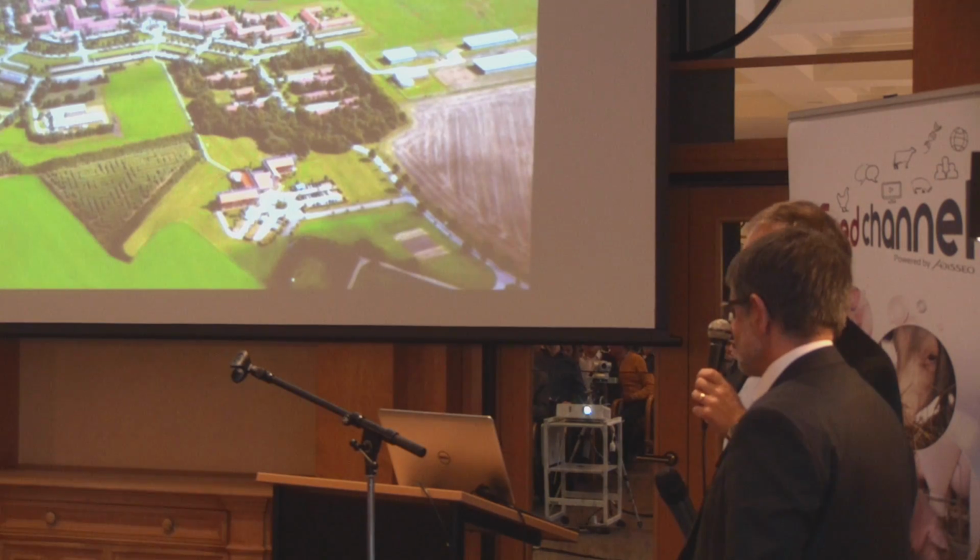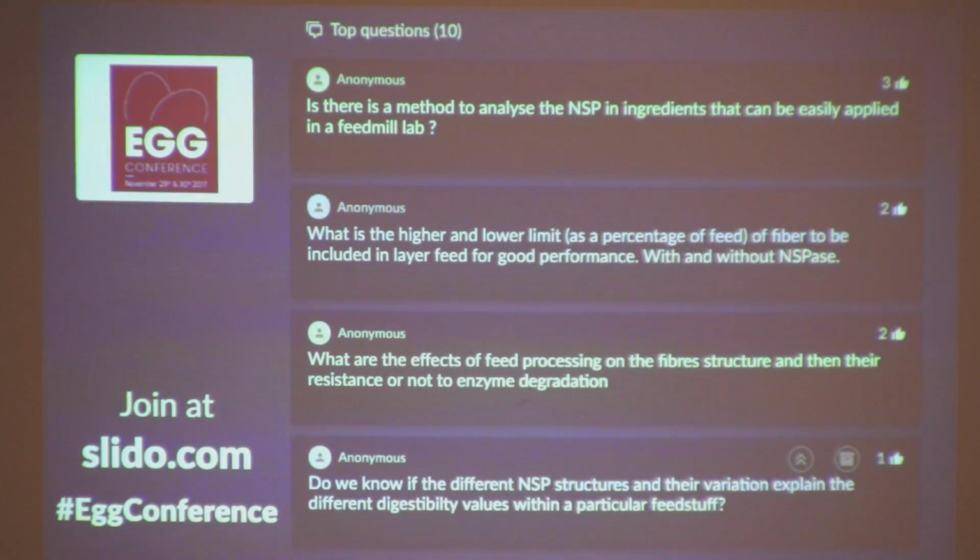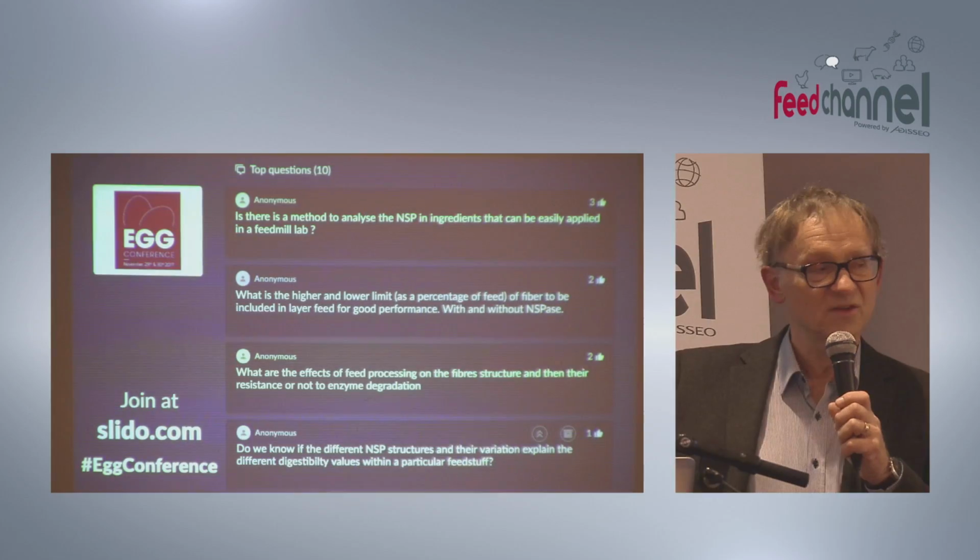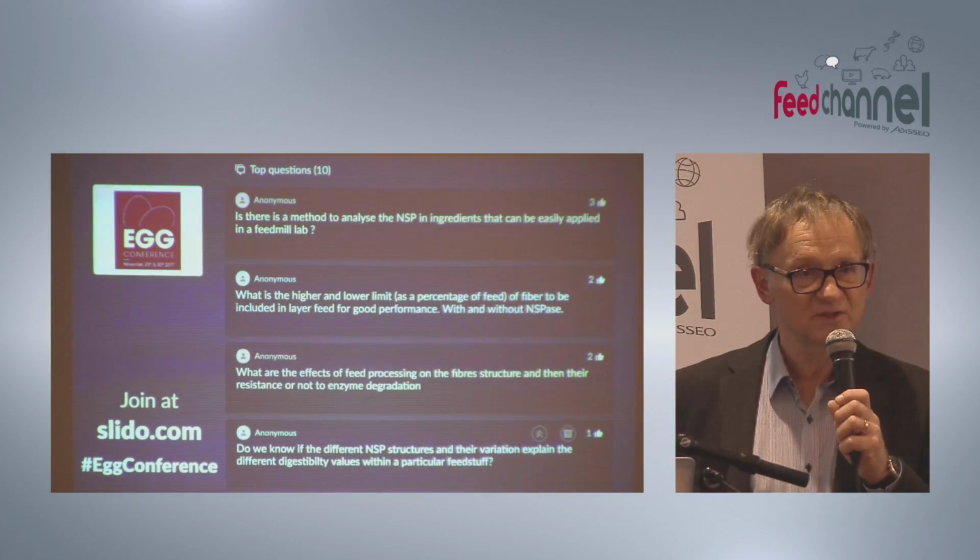I should though say that at present, in connection with the European projects, we are working on the relationship between the different fiber fractions and NIR, and seeing whether it's possible to build calibrations so that you can get some rough estimates of the fiber composition in different raw materials.